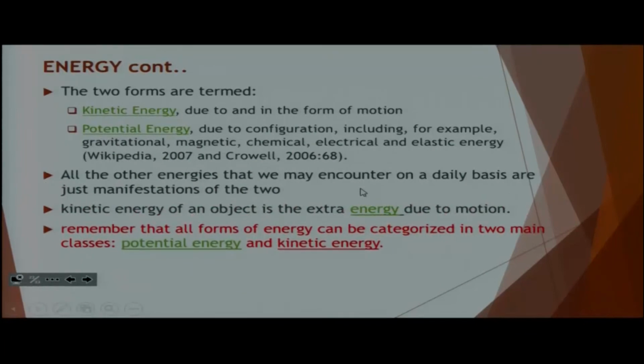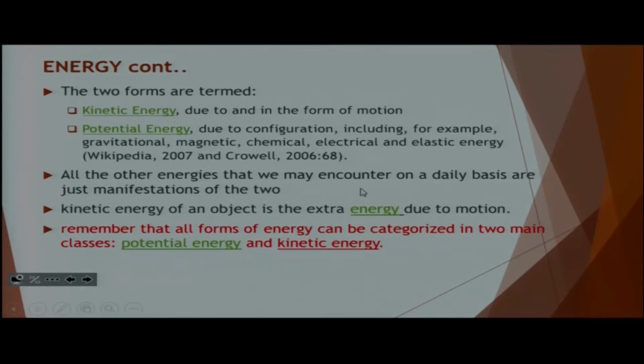Very important. We've got two forms of energies. Kinetic energy, due to and in the form of motion. Potential energy, due to configuration, including, for example, gravitational, magnetic, chemical, electrical, and elastic energy.